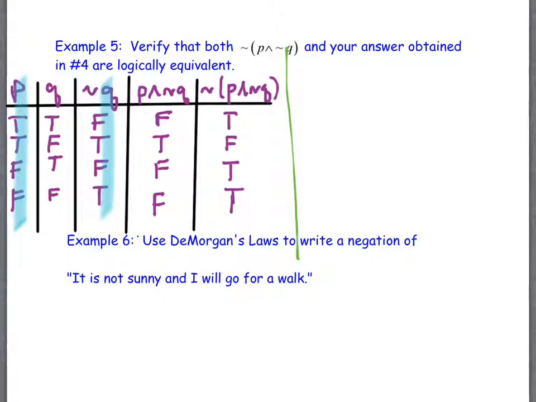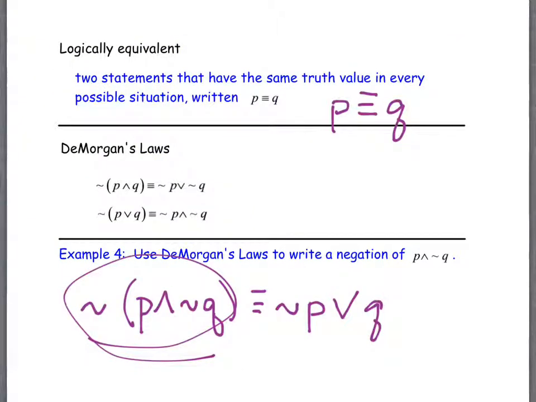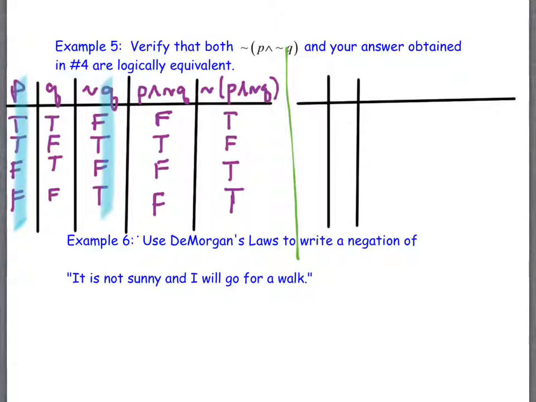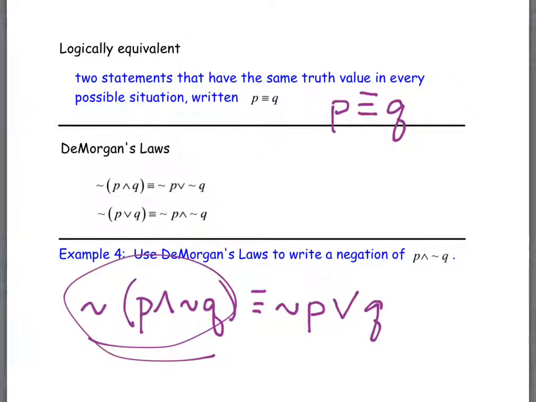Next truth table over here. What I'm going to do is create the truth table, but I'm going to use the result I got over here, which was tilde P or Q. So again, I've got a P and a Q in the information, so I need a column for P and a column for Q. According to what I figured out, though, I also need a column for what?